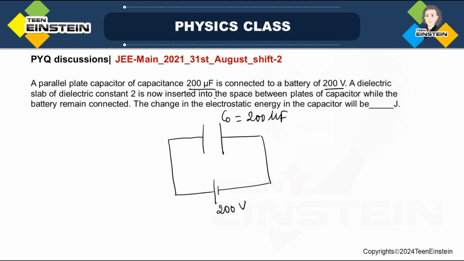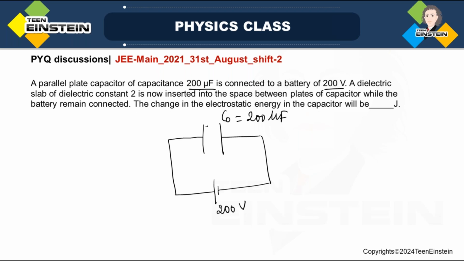A dielectric slab of dielectric constant K equal to 2 is now inserted into the space between the plates of the capacitor while the battery remains connected.